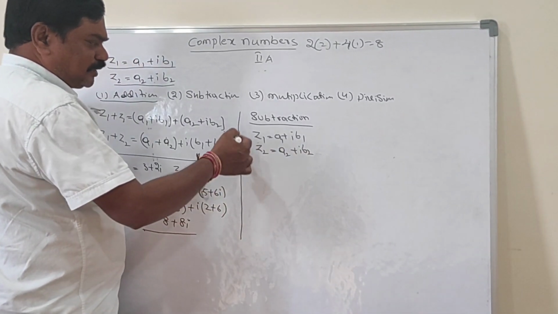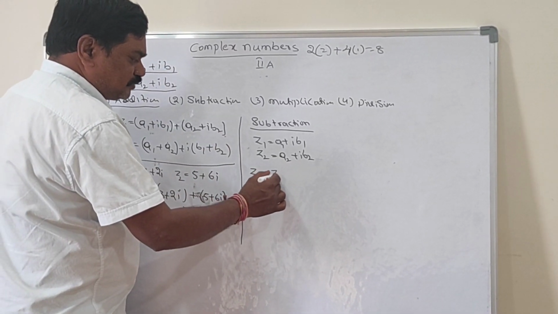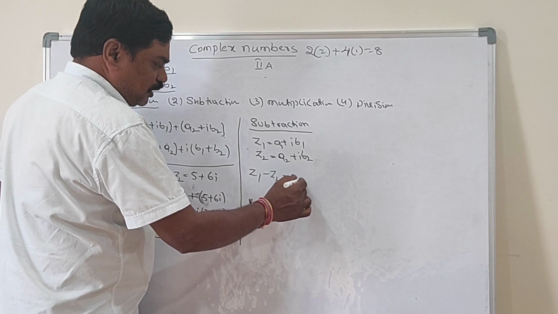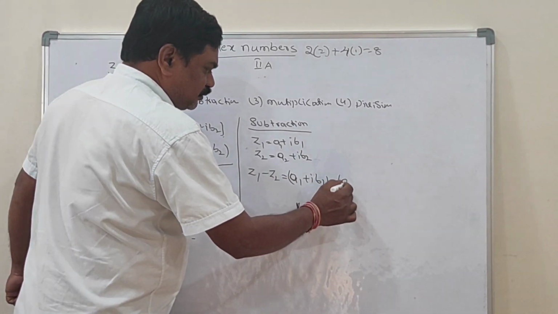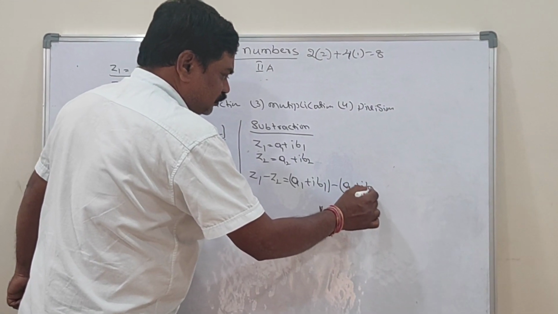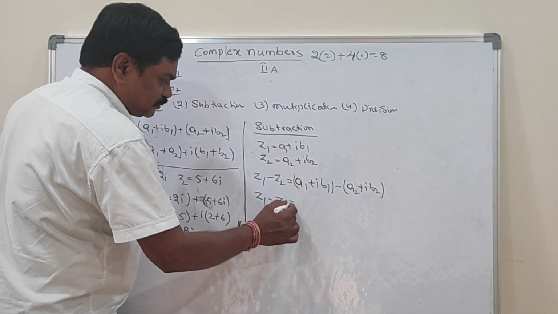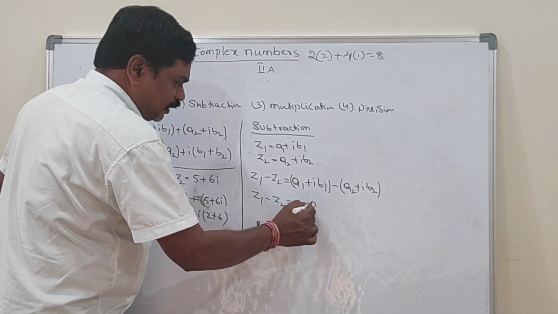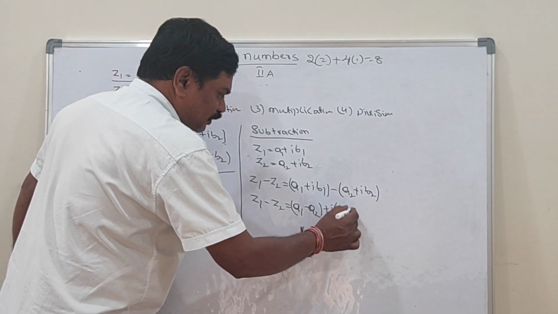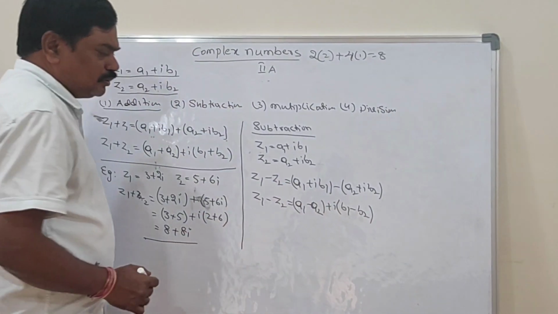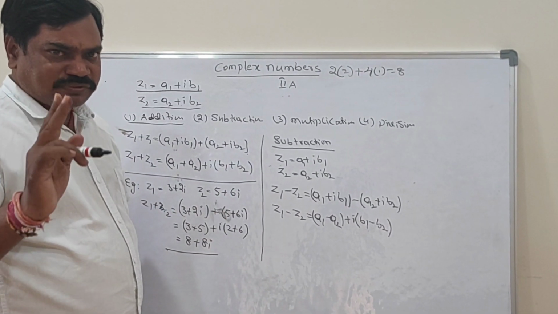Then the subtraction is z1 minus z2 is equal to a1 plus ib1 minus a2 plus ib2. So z1 minus z2 is equal to a1 minus a2 plus i into b1 minus b2. We subtract like this.